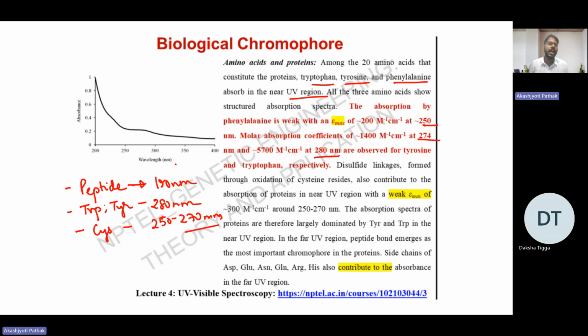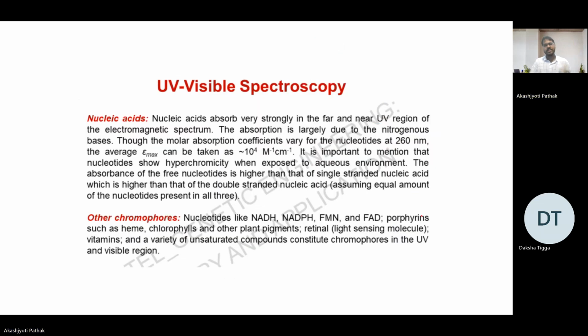So the main chromophores are actually tryptophan and tyrosine. The absorption spectra of proteins will therefore be largely dominated by the tyrosine and tryptophan, which absorb in the near UV region.